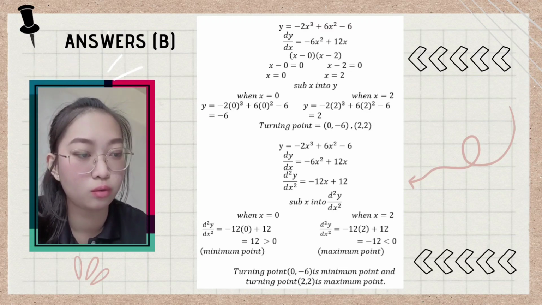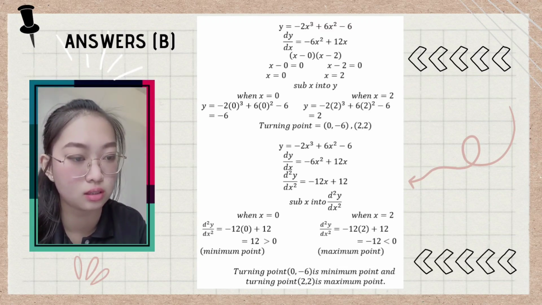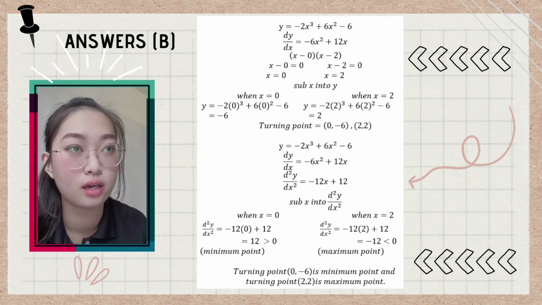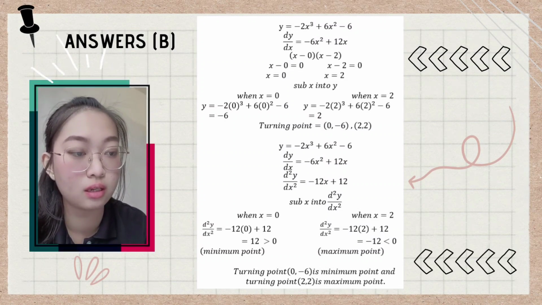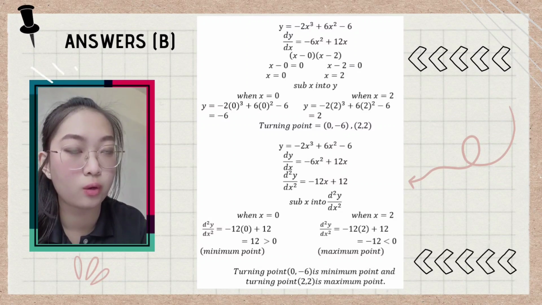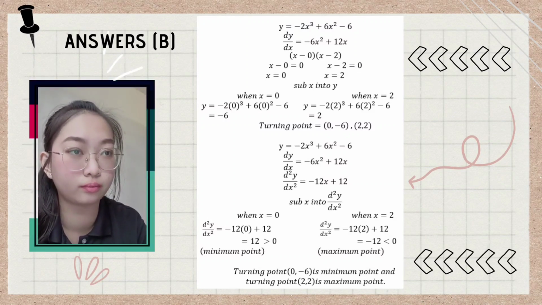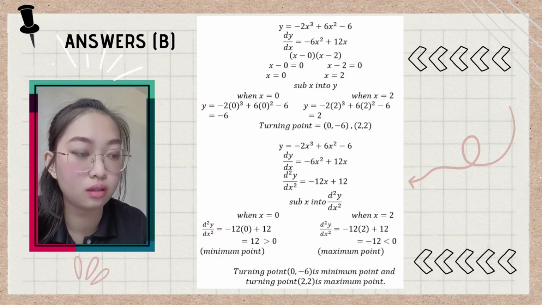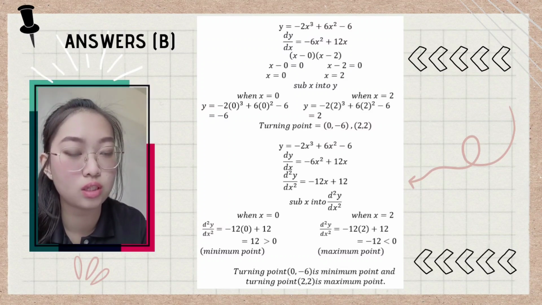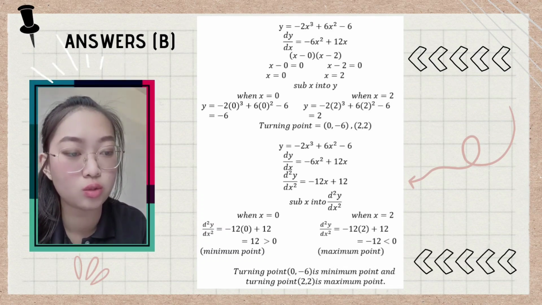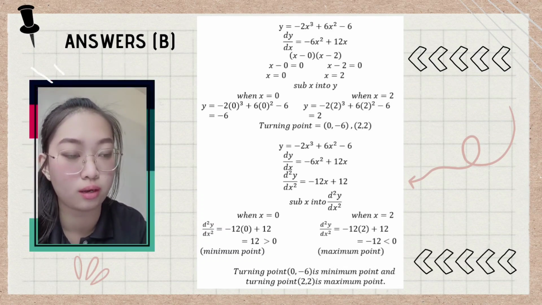Now we need to find the second derivative. Using dy/dx equals negative 6x squared plus 12x, d squared y over dx squared equals negative 12x plus 12. We substitute x into d squared y over dx squared. When x equals 0, d squared y over dx squared equals 12.